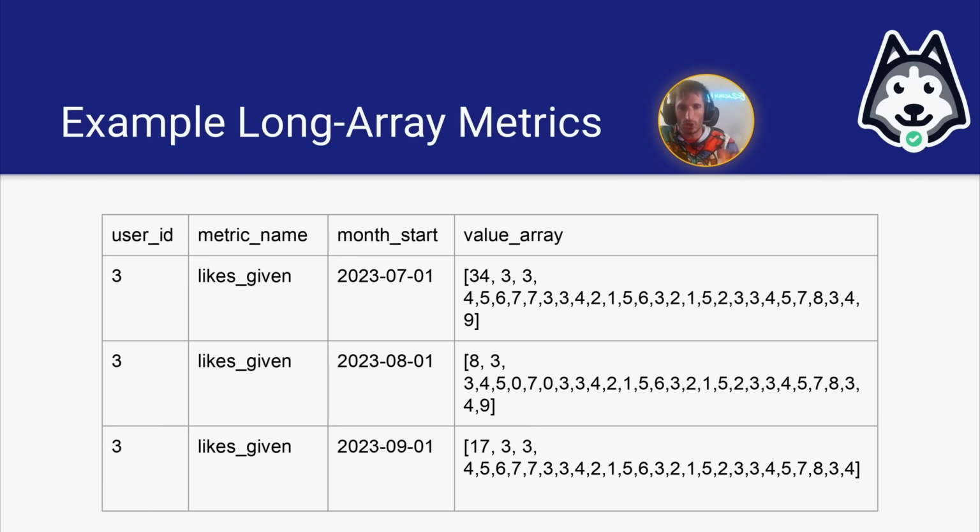So how this works is we have this month start and then we have this array of values. So the date is an index. In this case, 34 is how many likes user 3 gave on July 1st. And then 3 is July 2nd, 3 July 3rd, and then 9 is July 31st.